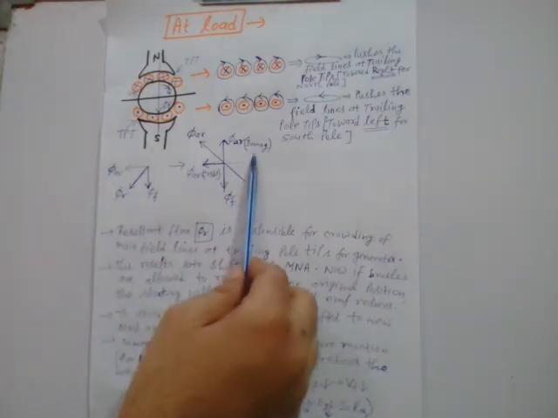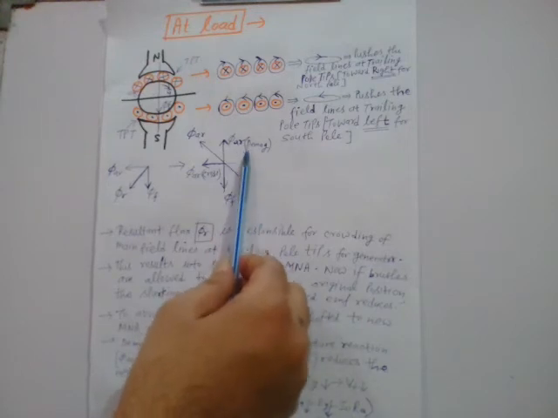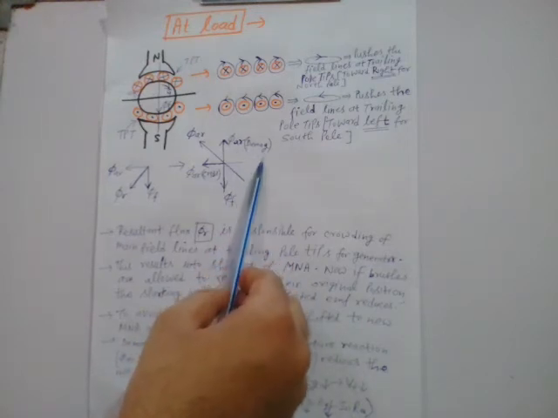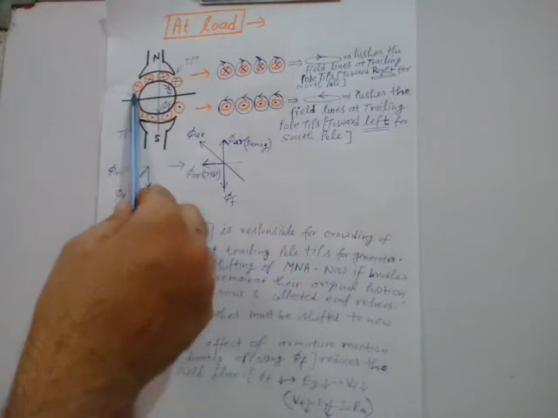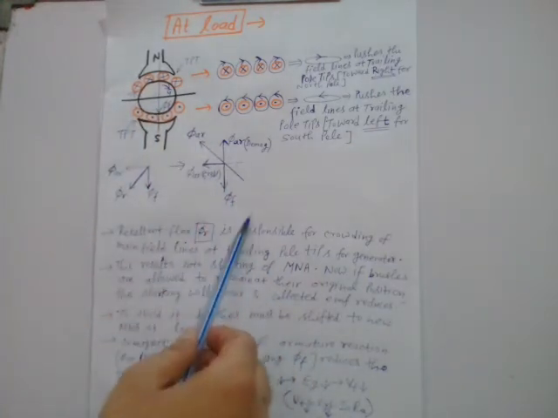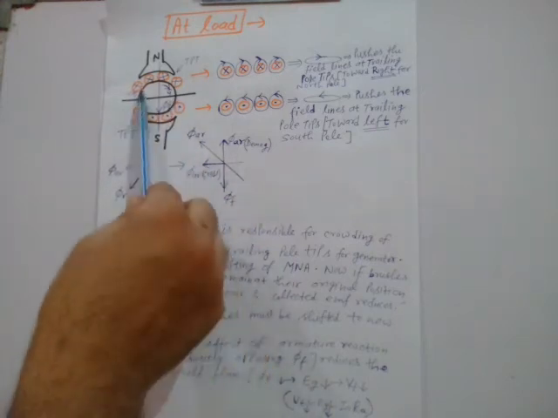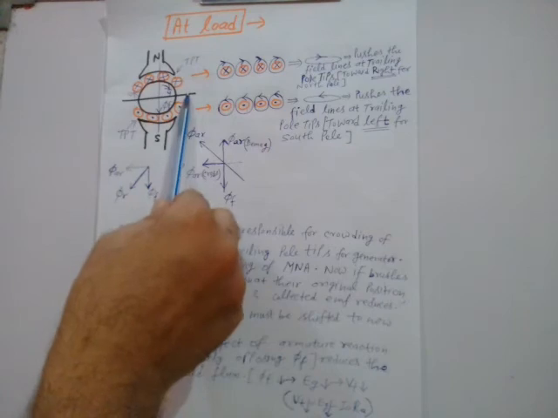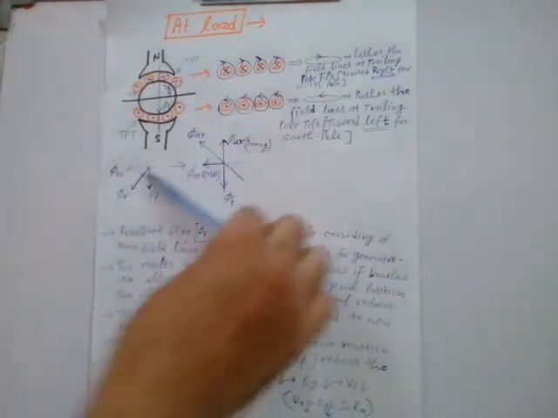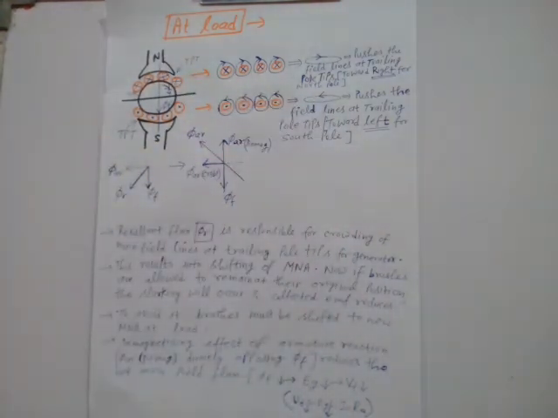So this whole phenomenon is taking place due to the shift of the magnetically neutral axis. Why does the magnetic neutral axis shift? Because of the effect of this armature reaction on the net main field flux, right?